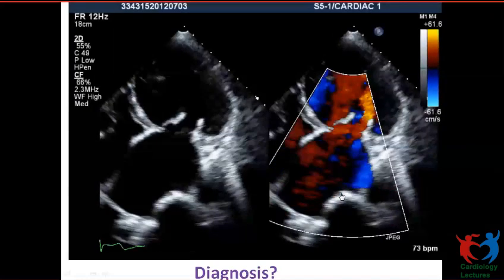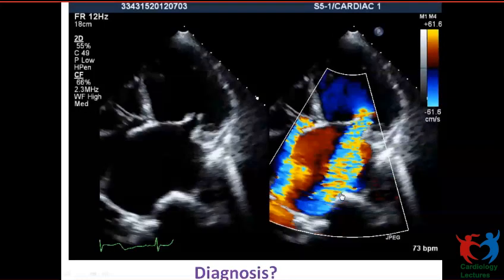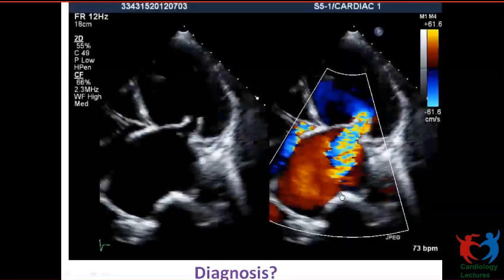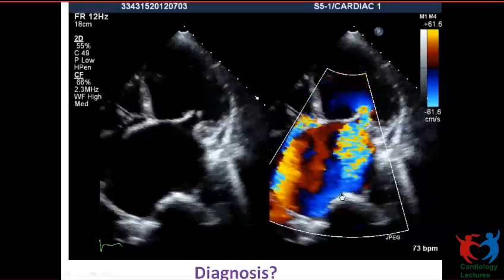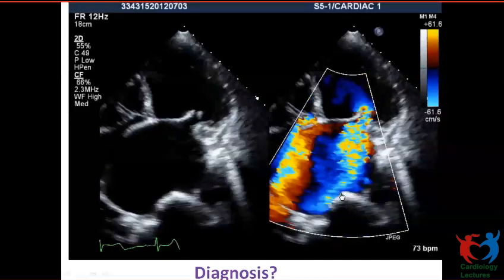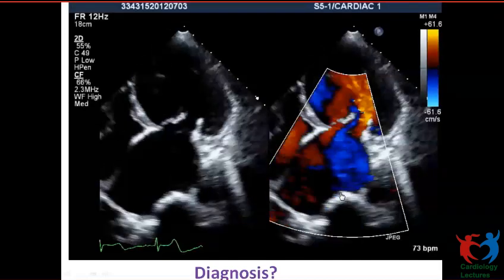Ischemic MR because of PML tethering. Describe the echo findings. Apical 4-chamber view showing dilated LA and... one is 2D image and another is color Doppler image.